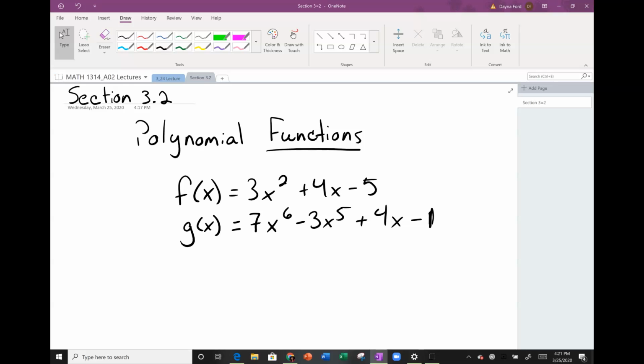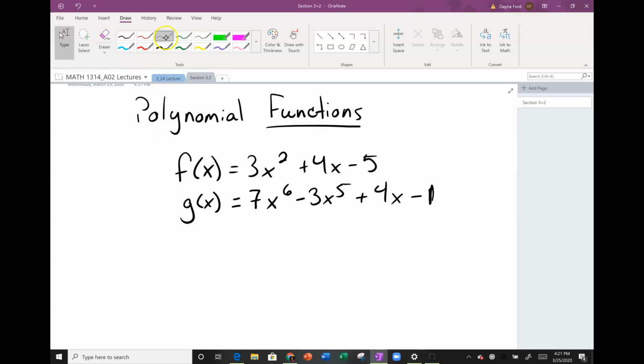So with both of these, I also want to look at something we've been identifying before, and that is the degree of a polynomial.